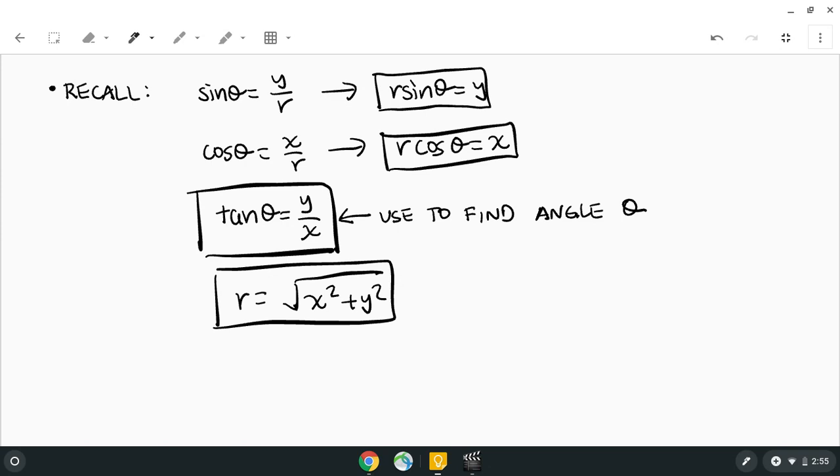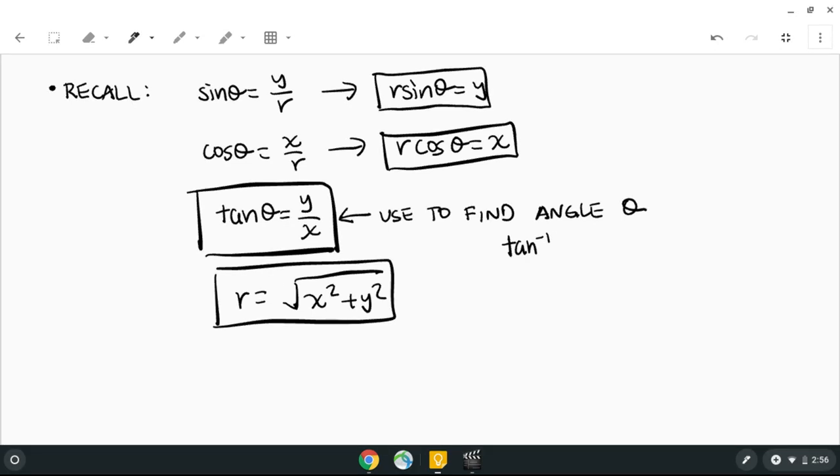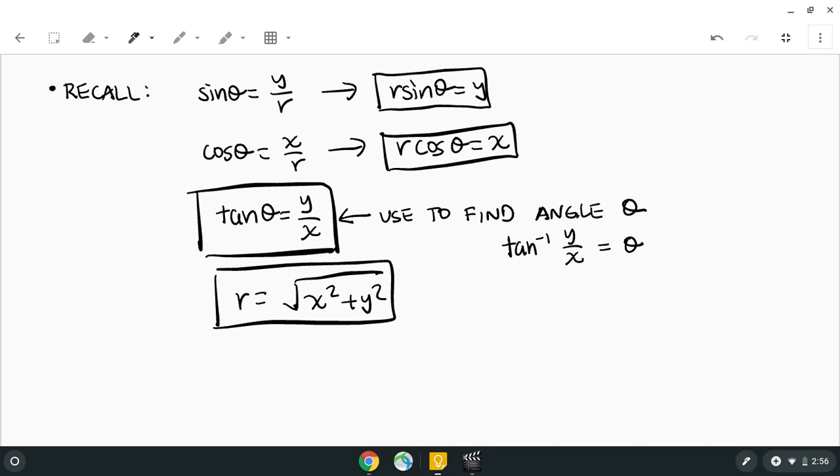So really over here, to find theta, you would do the tangent inverse of y over x. And this will give you theta, but you'll need to make adjustments.